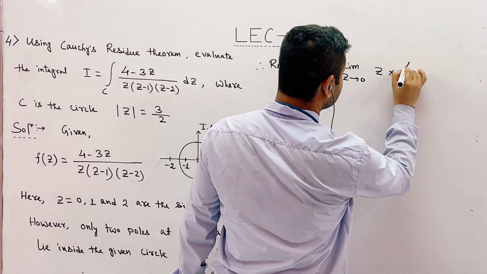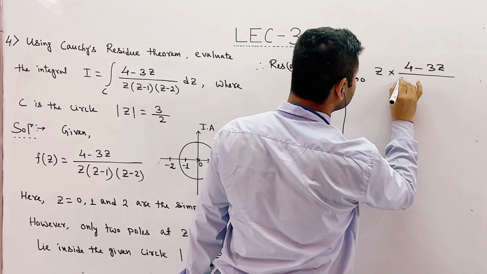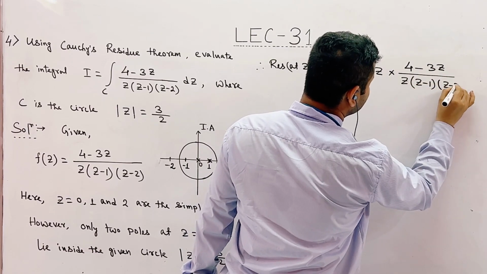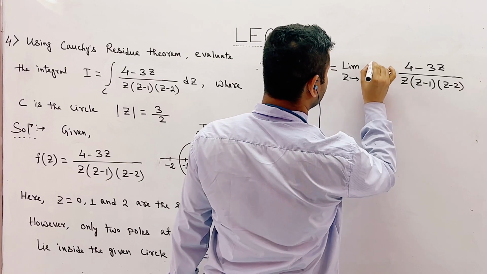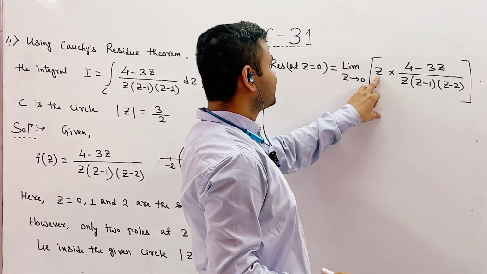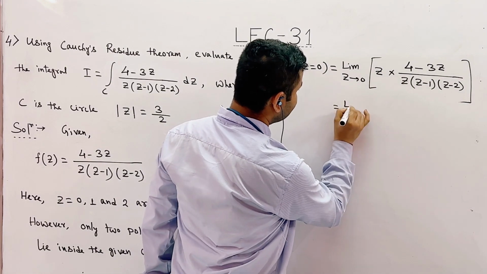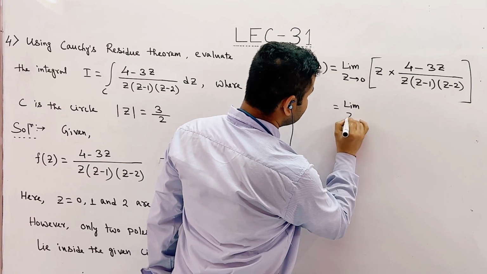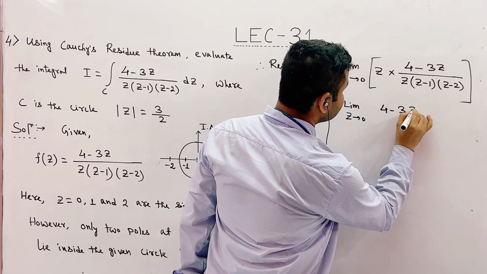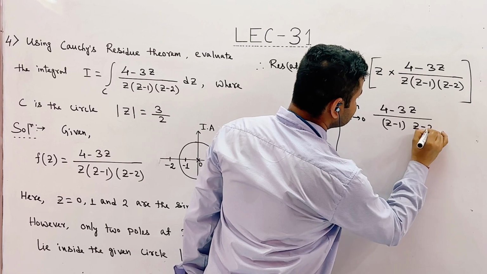So f of z is (4 minus 3z) divided by z into (z minus 1) into (z minus 2). This z and this z will be cancelled out. So finally we will get limit z tends to 0 of (4 minus 3z) divided by (z minus 1) into (z minus 2).